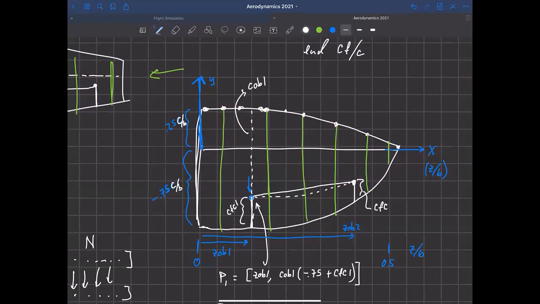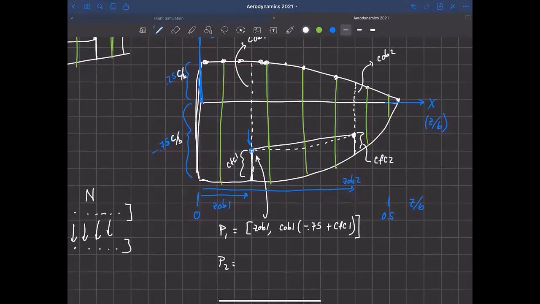So this is the information at the tip. And of course, I'm going to need to compute the local chord at that location, so I'll call that C over B2. From that information, I can compute the location P2. So P2 is just going to be Z over B2, comma C over B2 times minus 0.75 plus CFC2.